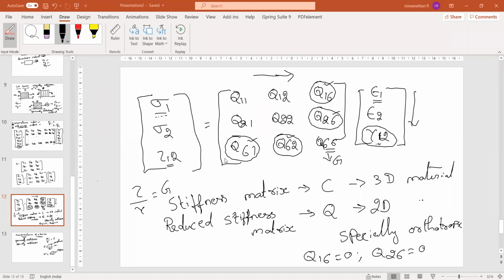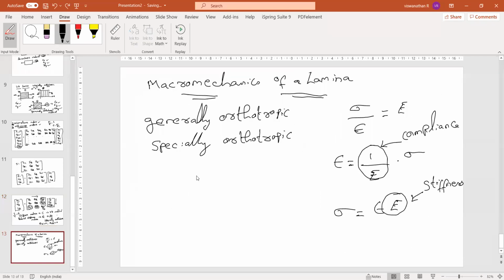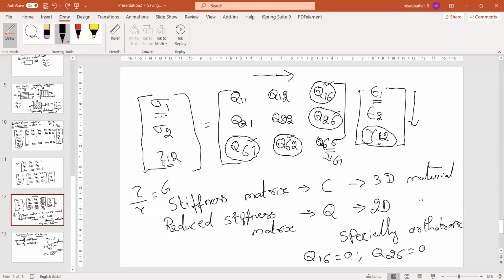Fine, only half of the class saw that question. So what it means is, if you apply a shear stress to a specially orthotropic material, you will get only shear strain, because these two terms are zero, which get multiplied with this.